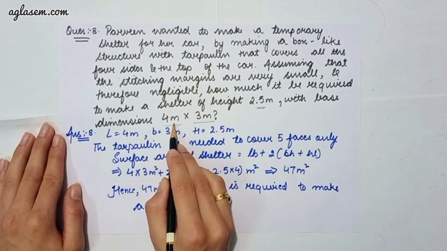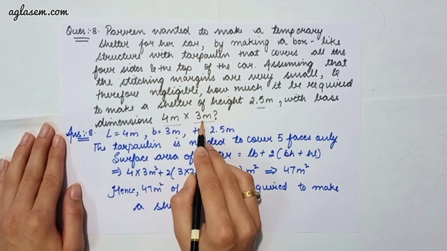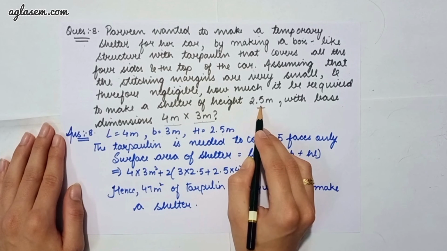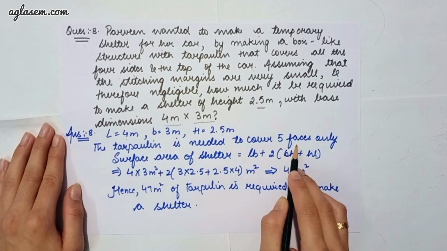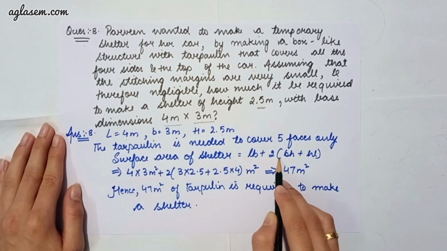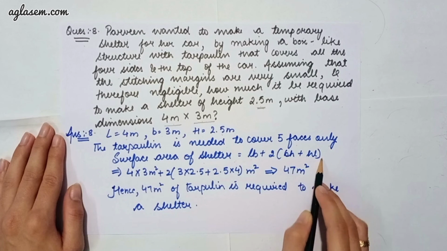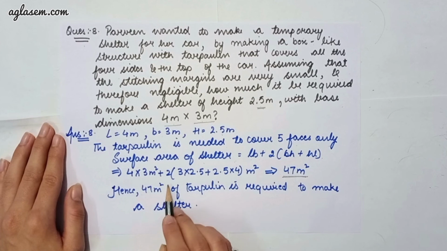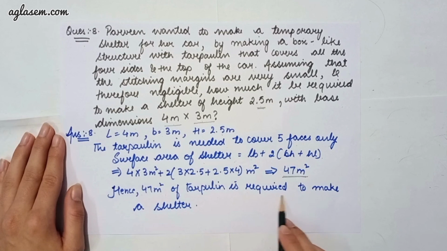So length is given to us, that is 4 meter, breadth is given to us, that is 3 meter, and height is given to us, that is 2.5 meter. So for the 4 faces and top only, the surface area of the shelter will be LB plus 2 BH plus 2 HL, that will give you 47 meter square. So there is 47 meter square of tarpaulin required to make the shelter.